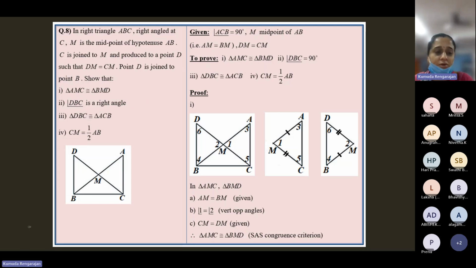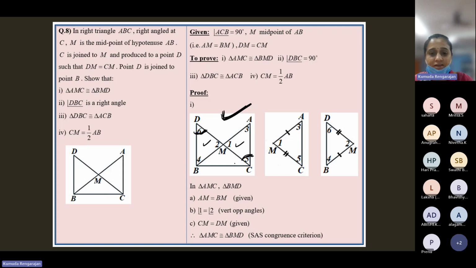Now, since the two triangles are congruent to each other, let me use this figure and tell you. This triangle is congruent to this triangle. So angle 6 will be equal to angle 5 by CPCT.